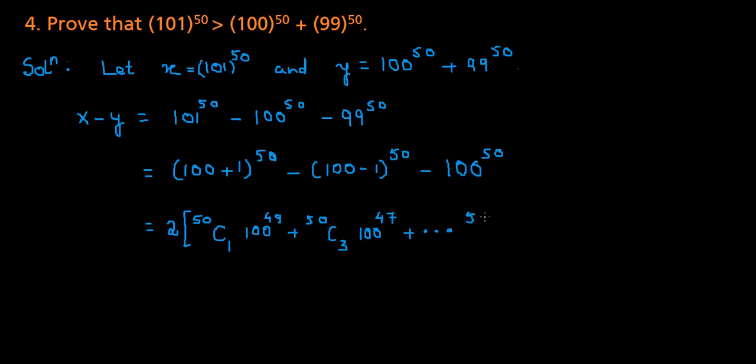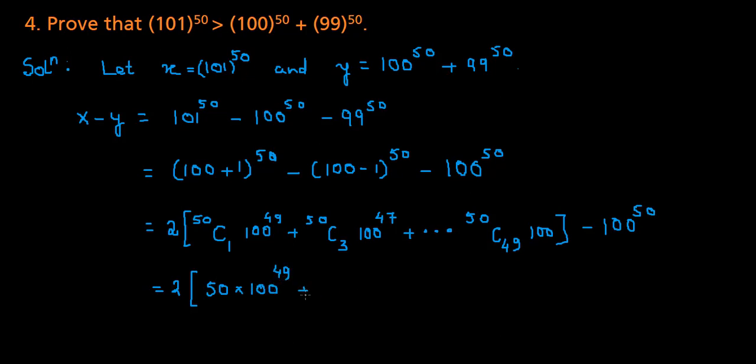The last term will be 50c49 100 minus 100 raised to the power of 50. Now we open it up. The 50c1 is going to give us 50 times 100 raised to the power of 49.